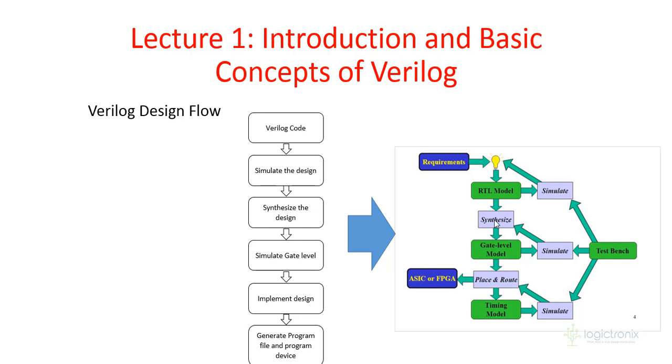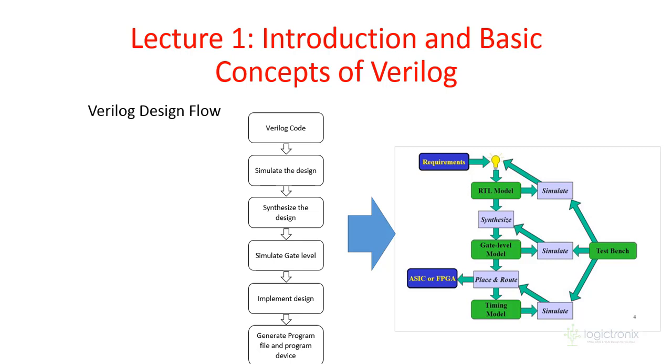The synthesis process is actually the checking of syntax and semantics. It checks the overall code and generates the RTL schematic. So after the synthesis process, we can get the schematic of the design. Then we can do the gate level modeling. However, this process is not done or preferred independently.